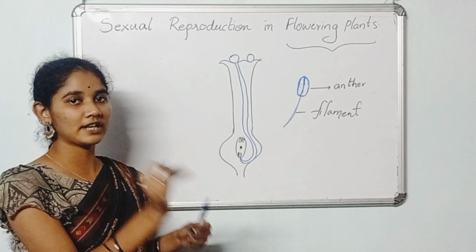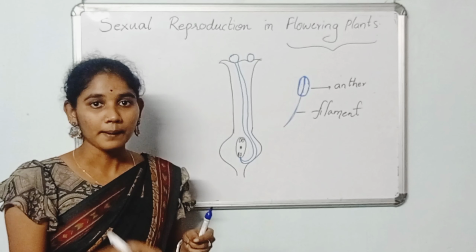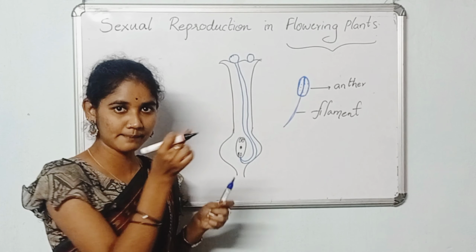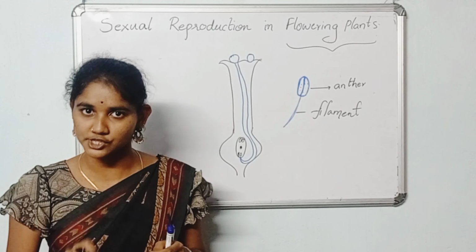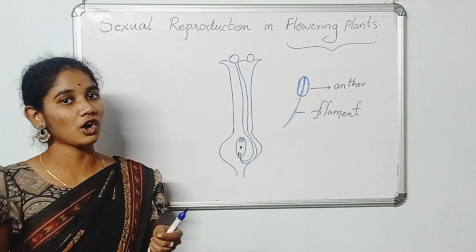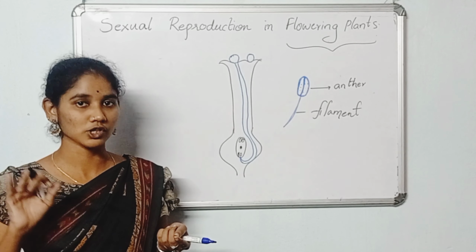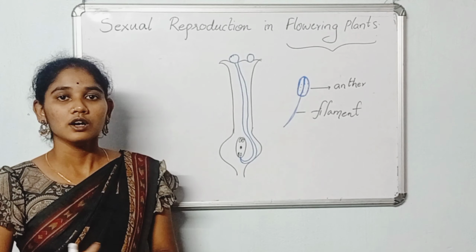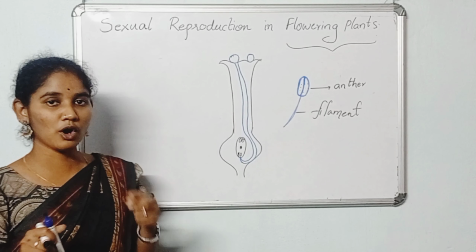If this powder reaches the stigma of the same flower, we call it self-pollination. If it reaches the stigma of another flower of the same plant or a different plant, we call it cross-pollination. How do pollen grains come to the stigma of a flower?